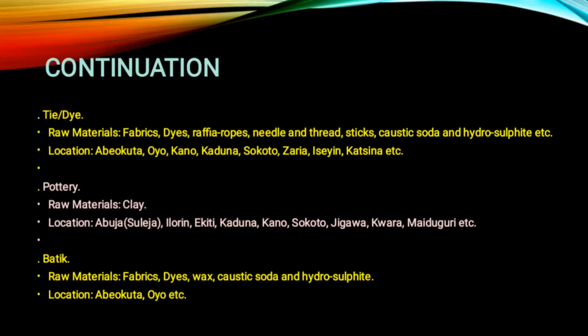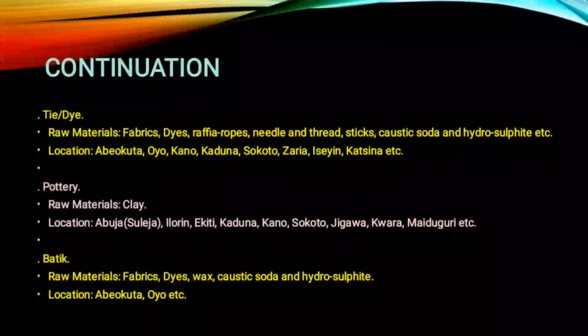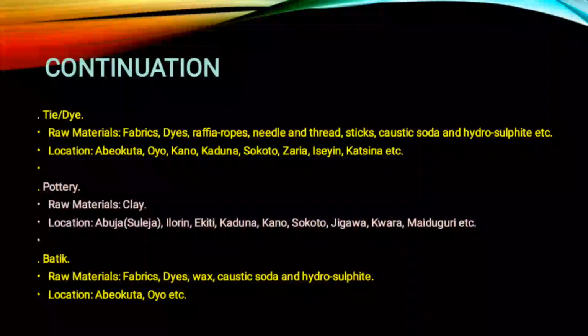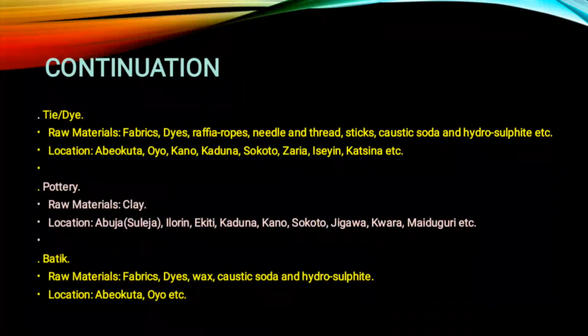The raw materials here are fabrics, dyes of different colors, wax, either beeswax or candle wax, and caustic soda and hydrosulfide. The locations are almost the same as for tie and dye, such as Abeokuta in Ogun State, or Oyo State, etc.